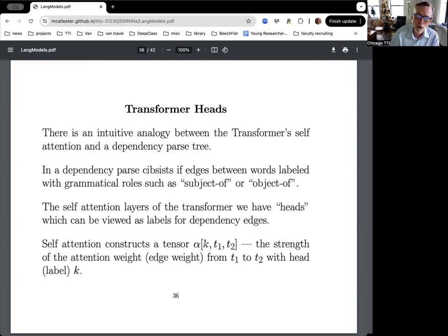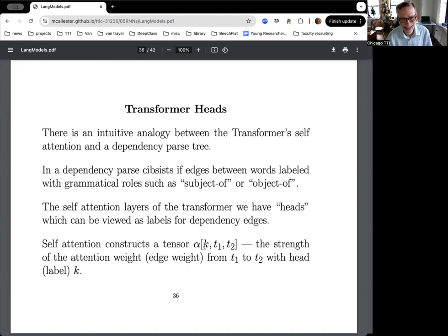We don't really know what these heads mean. People have found heads that look for grammatical relationships, but you can think of the head as defining a particular kind of relationship between positions in the sentence. And since there are different possible relationships, you want different possible heads.